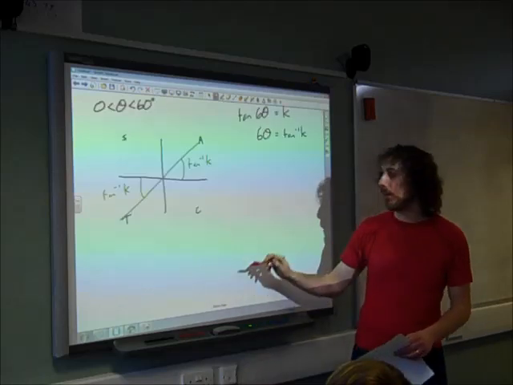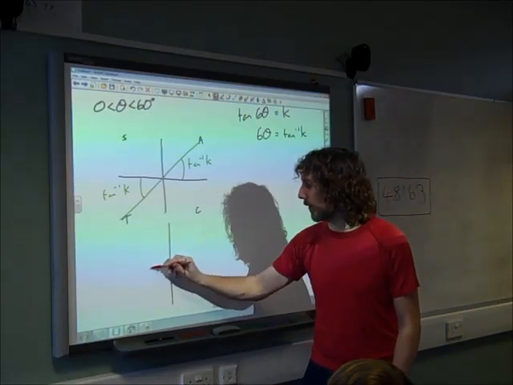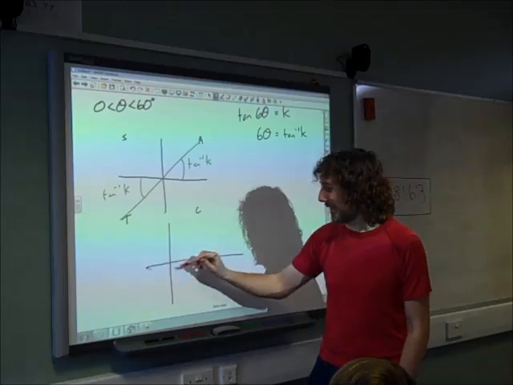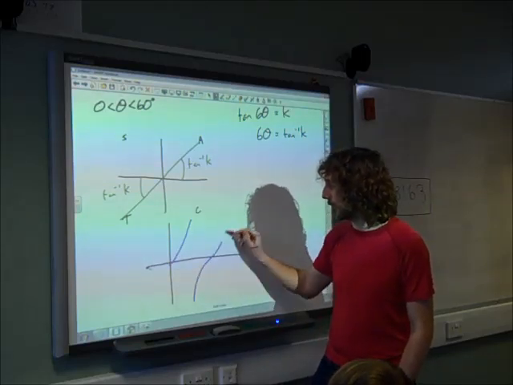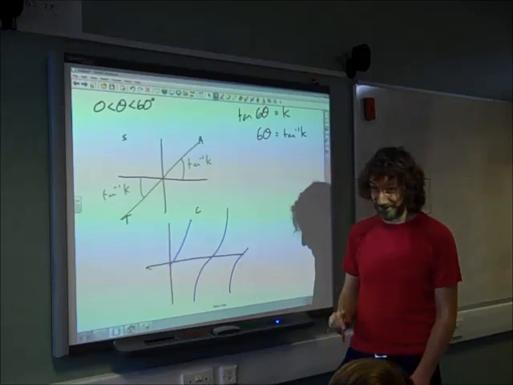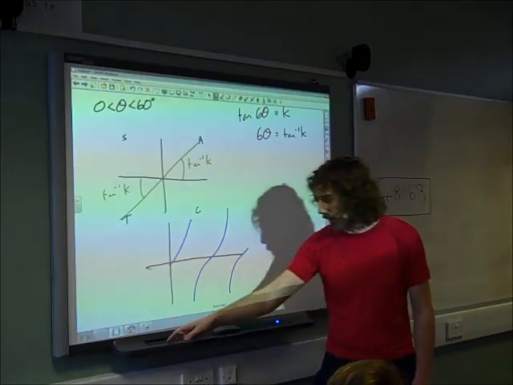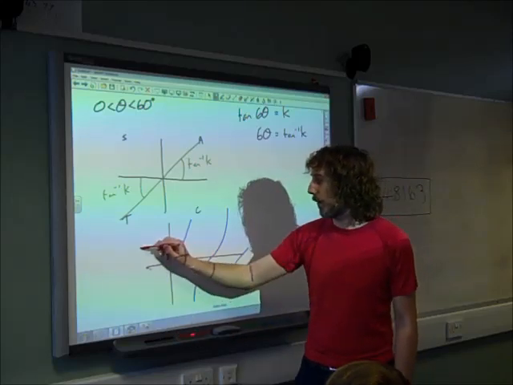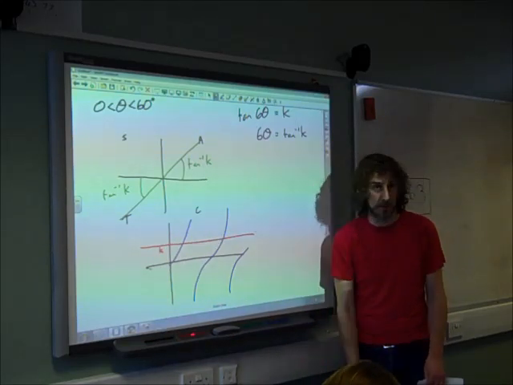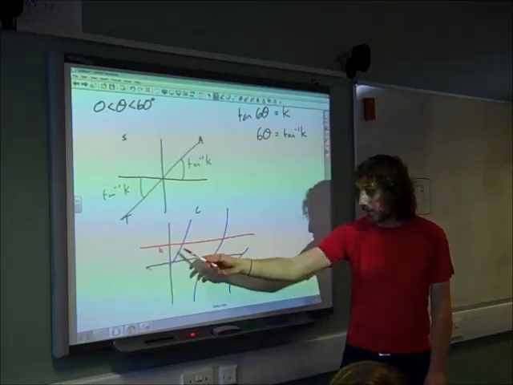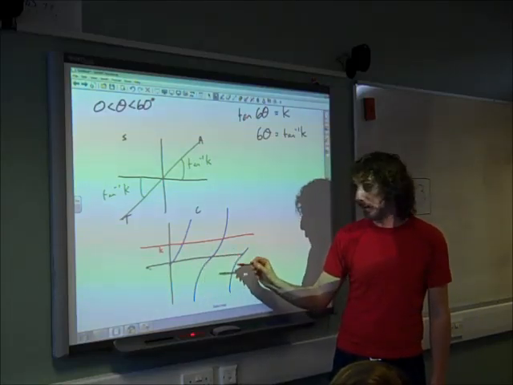Or, if you're thinking about your graphical method, how does it look? Your graph is doing that, isn't it? And we've just done inverse tan of some number, which was positive. So I don't know where k is, but it's there somewhere, up there. And it's given us one solution in the range 0 to 90, and another one between 180 and 270.